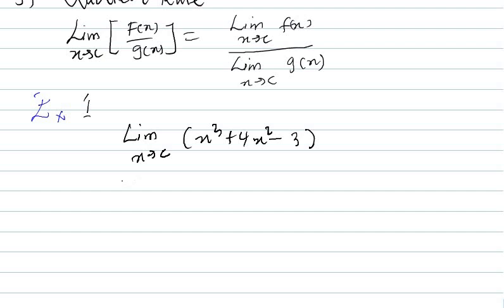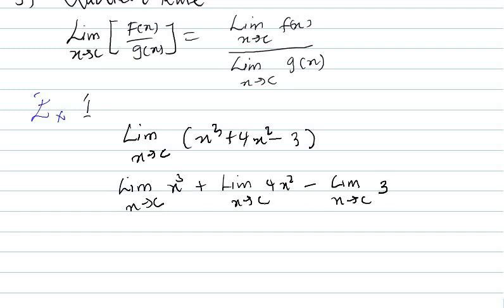So we can say the limit as x approaches c of x cube, then plus the limit as x approaches c of 4x square, then minus the limit as x approaches c of 3.